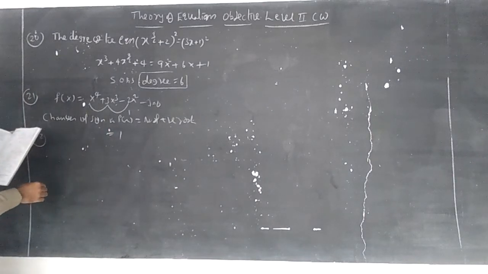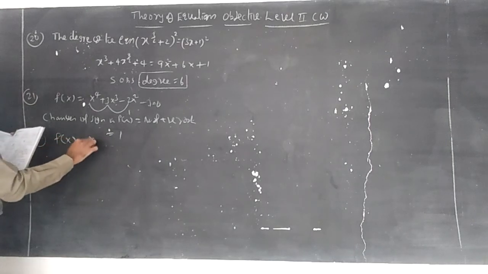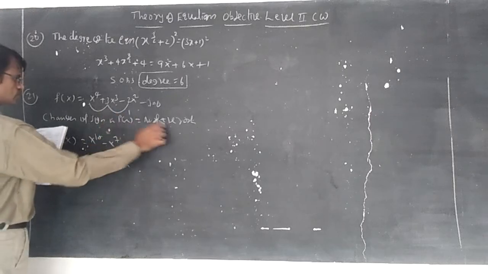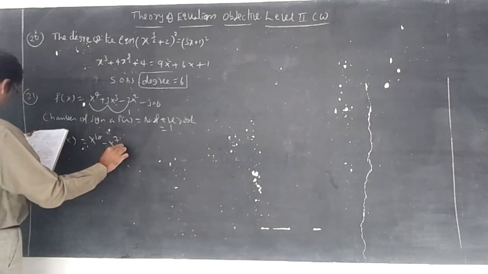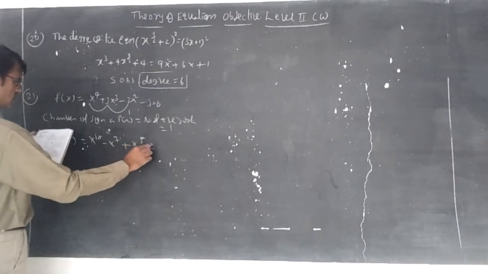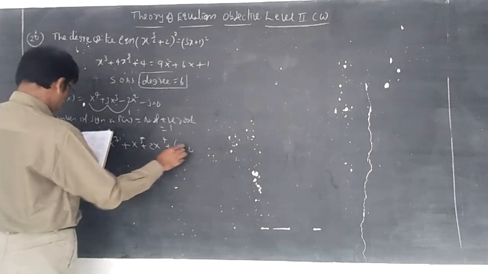Next 22, the number of real roots. f of x is equal to x power 10 minus x power 7 plus x power 5 plus 2x power 4 plus 6 equal to 0.